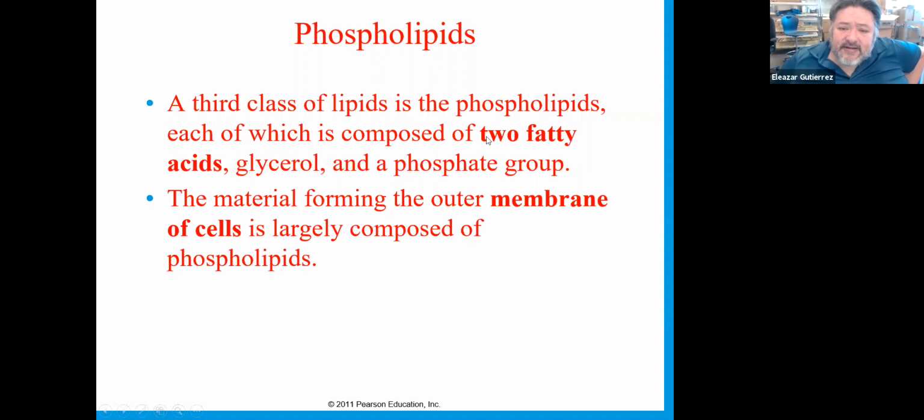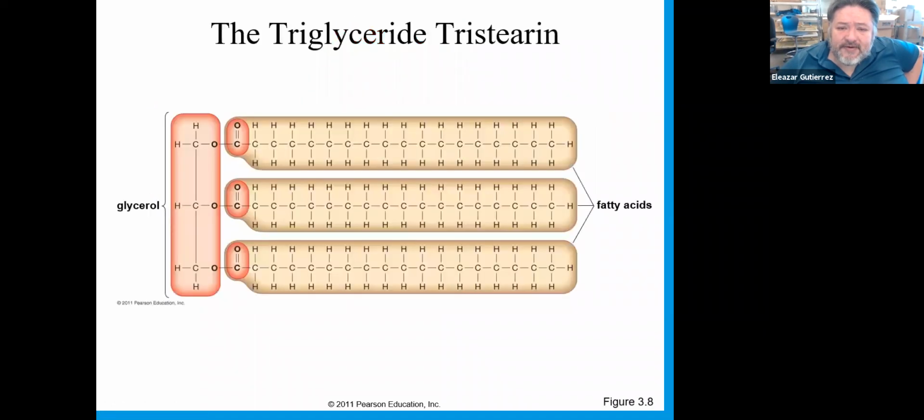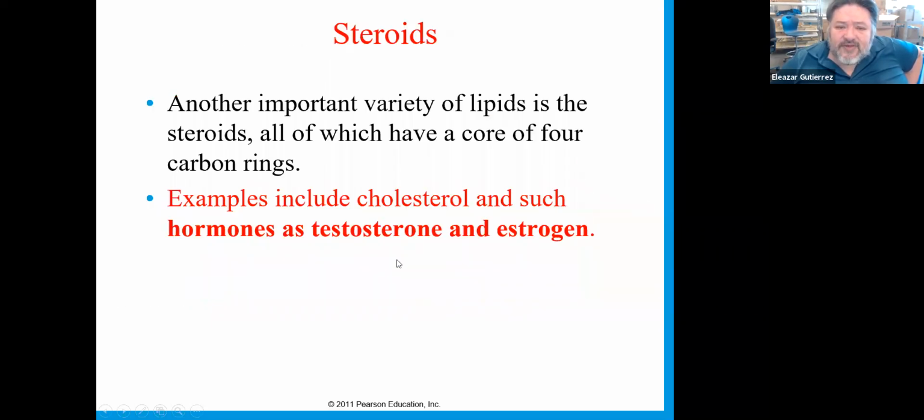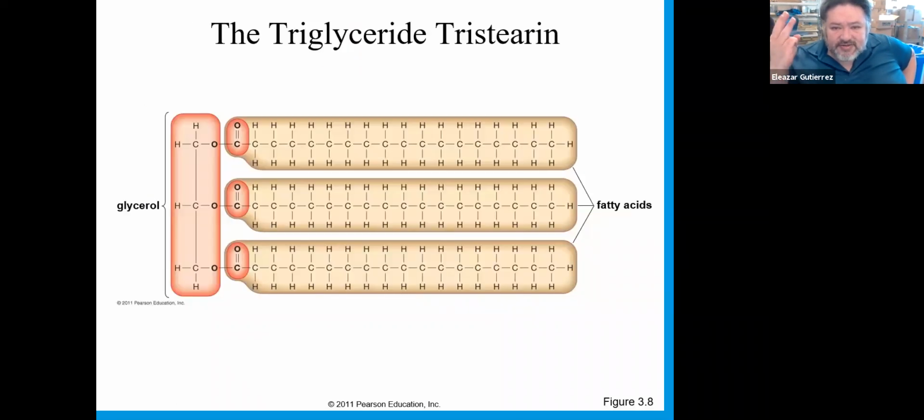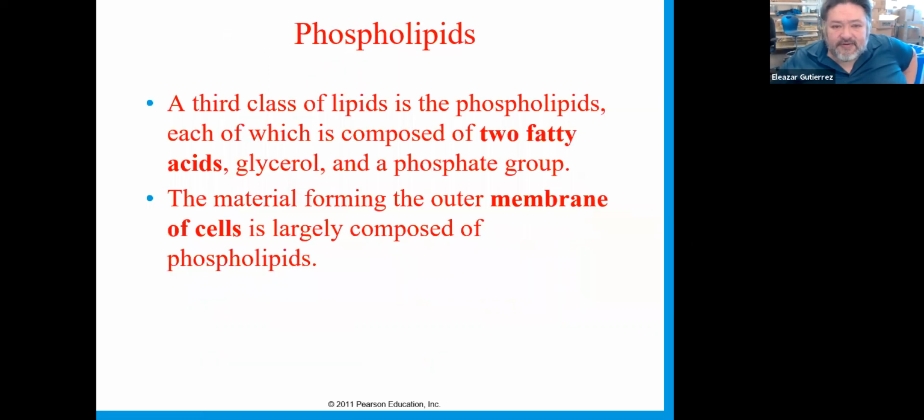The reason I have that highlighted is because people love to confuse the fact that triglycerides have 3 fatty acids with the fact that phospholipids have only 2 fatty acids. So you can't confuse that. Tri is 3, triglyceride, 3 fatty acids, and then phospho, 2. Can't confuse those two.